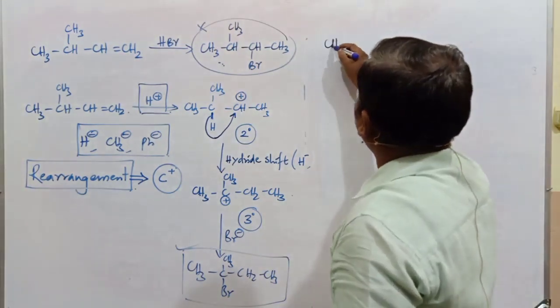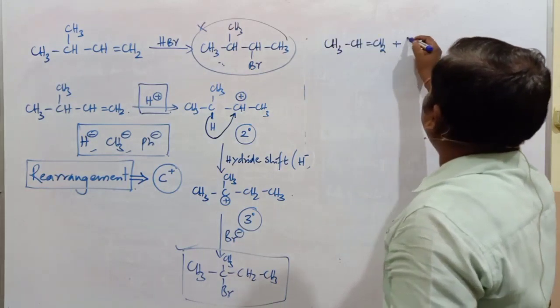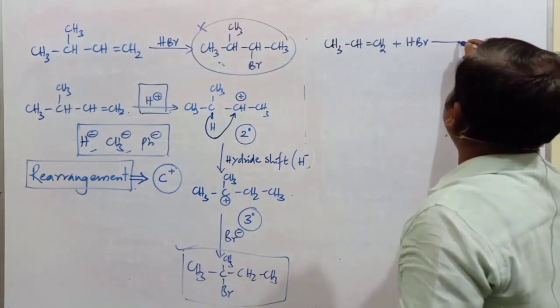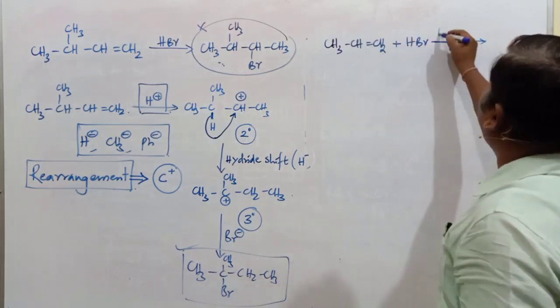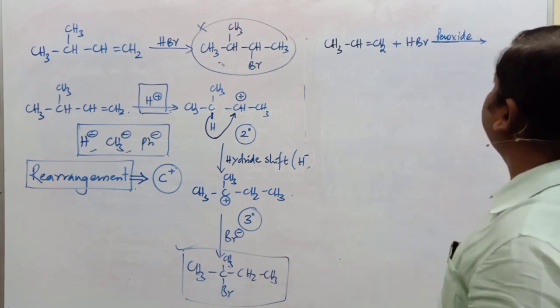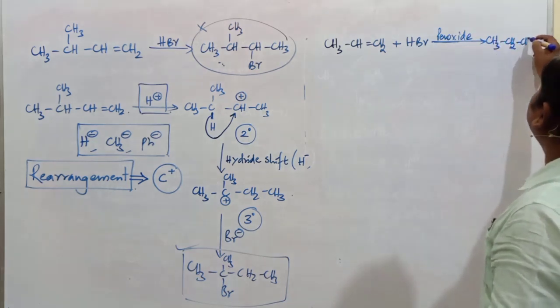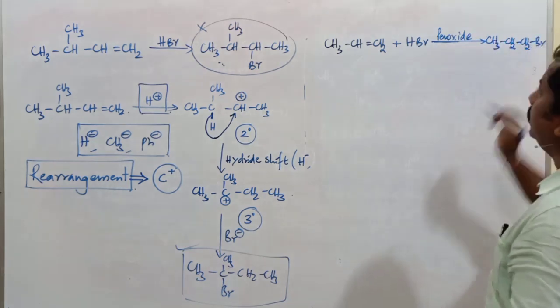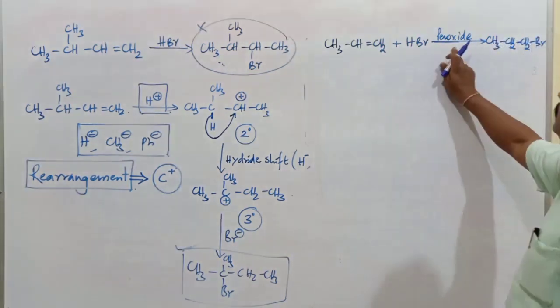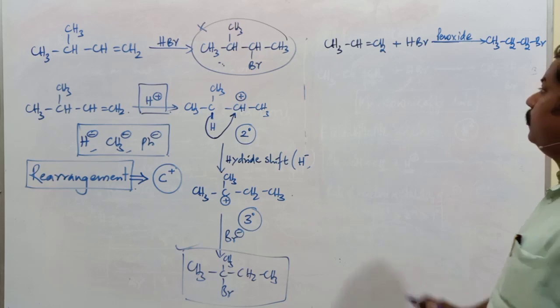suppose I start with the compound CH3 CH double bond CH2 plus HBr in presence of peroxide, very important, in presence of peroxide, the product is CH3 CH2 CH2 Br. The earlier product in absence of peroxide was 2-bromopropane, but in presence of peroxide it is 1-bromopropane.